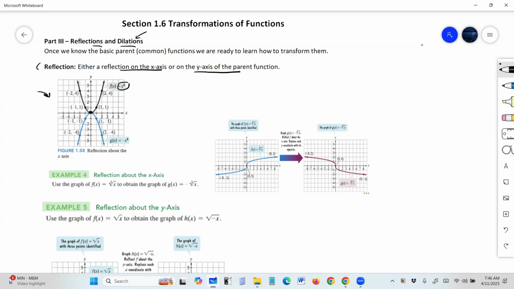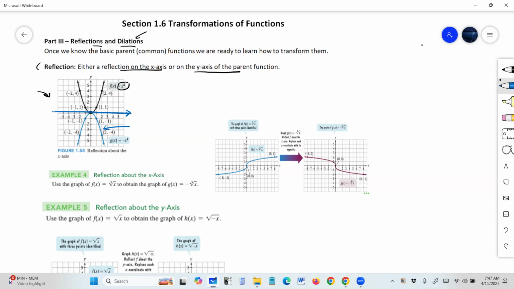We graph the quadratic function, which is the one in black, and we do a reflection on the x-axis. Now, what does that mean? So our x-axis is right here. It's like you put a glass or a mirror right here on the x-axis and you see a reflection on the glass of the function. So the blue graph is the reflection on the x-axis.